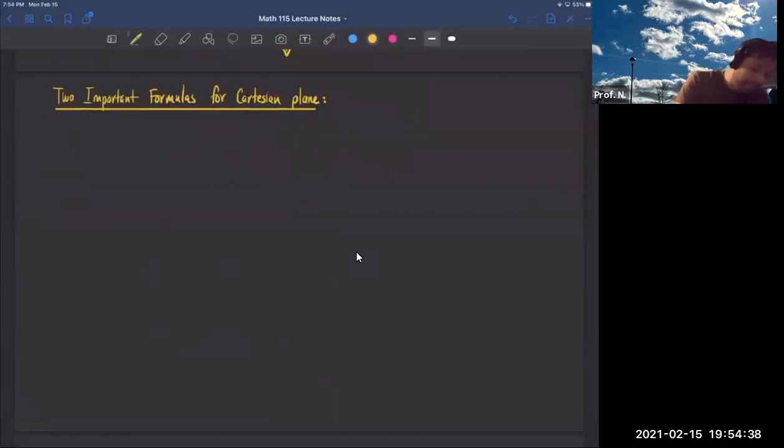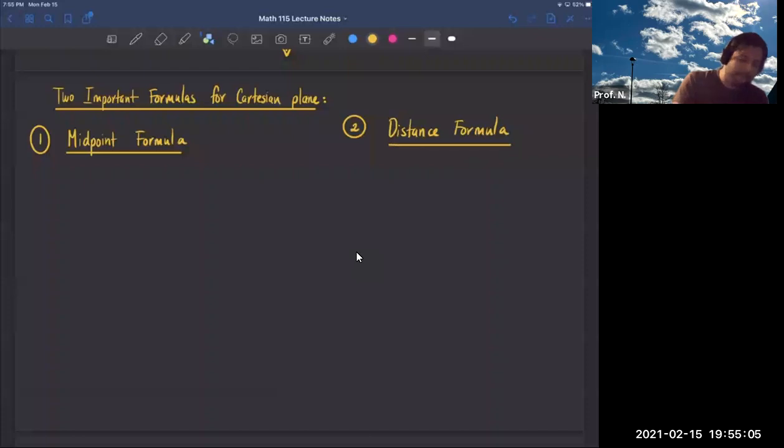Okay, so one of them is called the midpoint formula. And the second one is called the distance formula. So the midpoint formula is as follows.